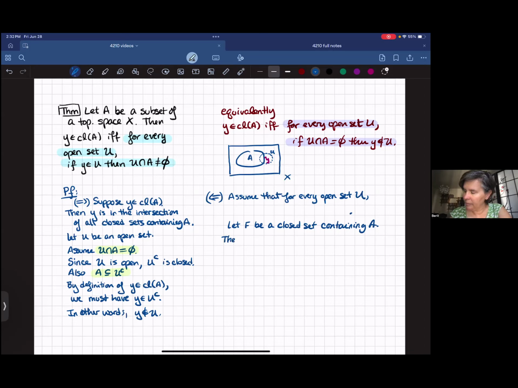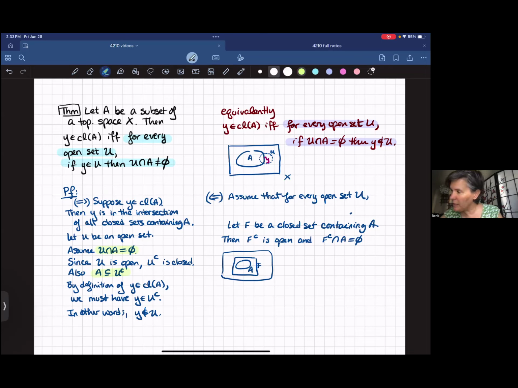Then F complement is open and F complement intersect A is empty. Let's draw a picture. So here's my A. Here's a closed set F containing A. And then F complement is what's outside of that.